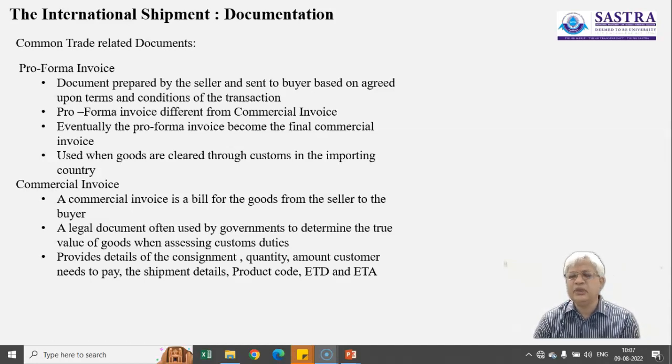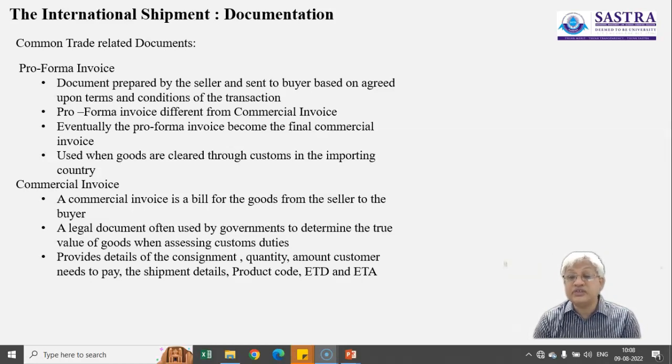For example, some companies say that if you're sending me some goods, these goods are very fragile and need to be protected, and during transportation they may break or spoil. So you need to give me a special packing. Well, it can be a thermocol packing, or you may put thermocol balls inside. Well, this is an additional cost to the normal packaging which the company would be doing. So that is again mentioned in the pro forma invoice.